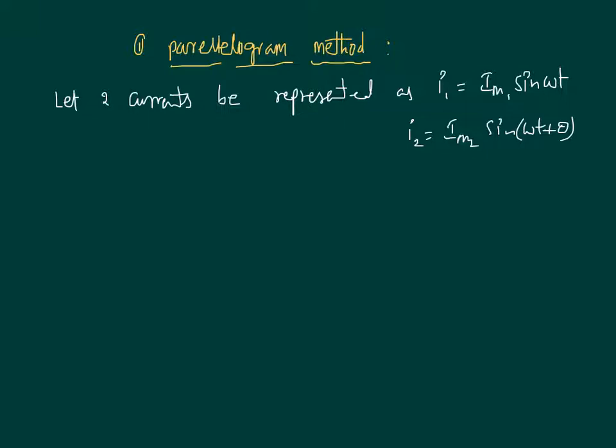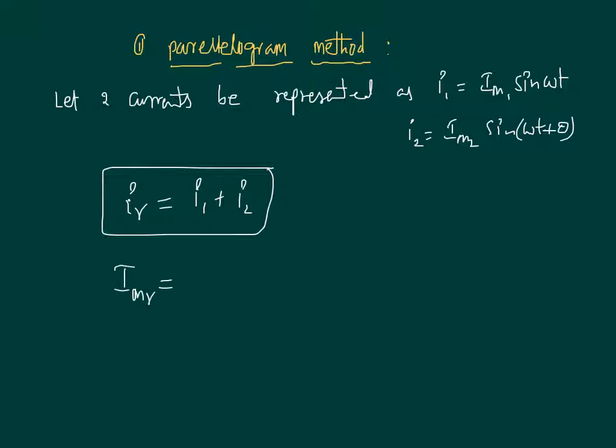So in the addition of two phasors, phasor 1 is I1 and phasor 2 is I2. From the law of the parallelogram method, we know that the resultant phasor IR equals I1 plus I2, and the maximum value of the resultant current will be the vector sum of these two maximum currents.